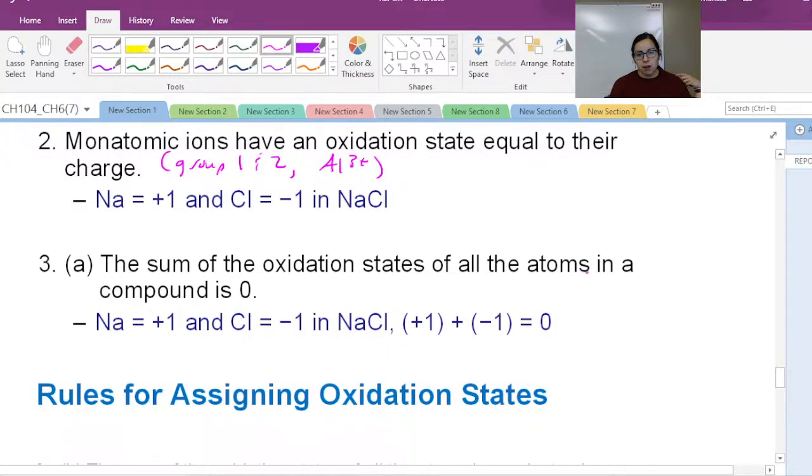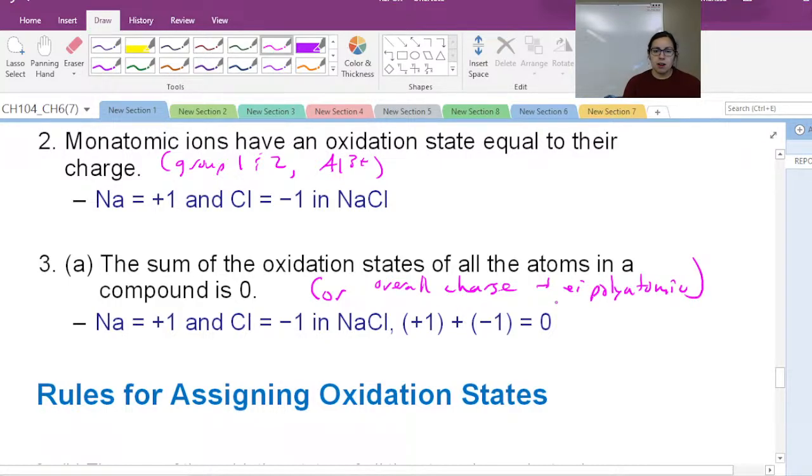So the sum of our oxidation states should equal the charge of the compound, so obviously 0 if it's a molecule, or the overall charge in case it's a polyatomic, which we'll see in a little example.